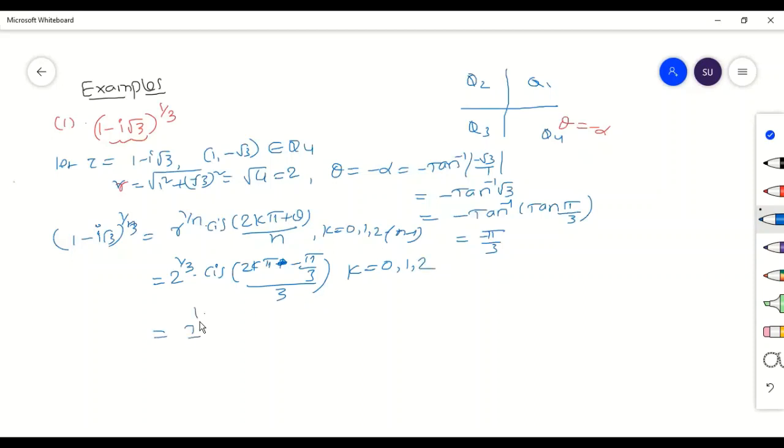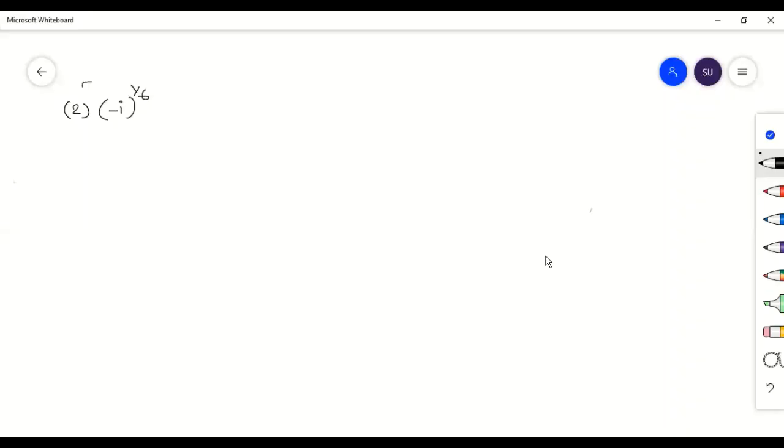You can leave it like this, no need for any further calculation. Here the LCM: 2 threes are 6, 6k pi, take out common, (6k minus 1) by 3, 3 threes are 9, into pi. So you may write it as 2 power 1 by 3 cis of (6k minus 1) into pi by 9, where k is equal to 0, 1, 2. Like this you can find the cube roots of the given number.